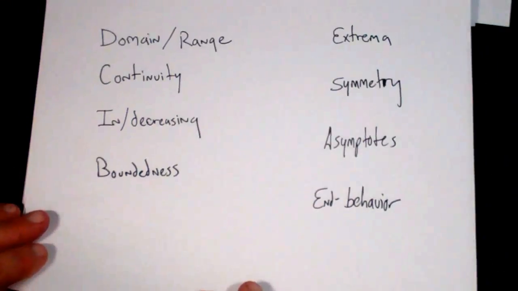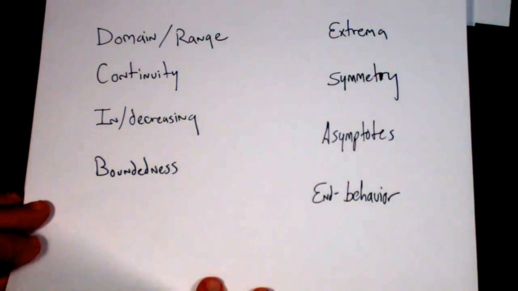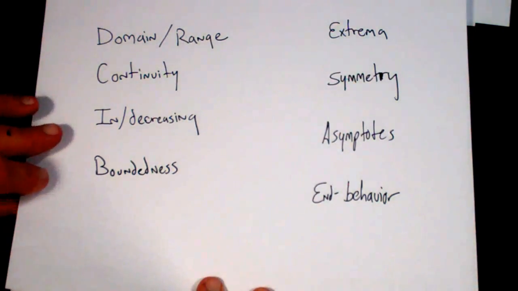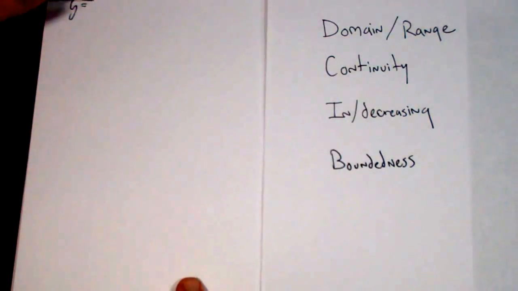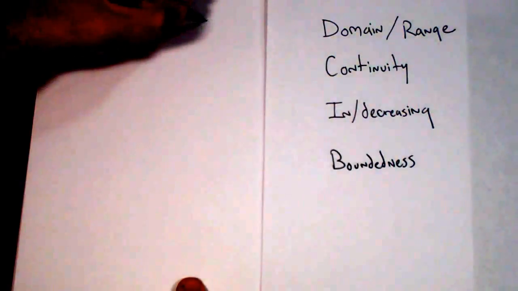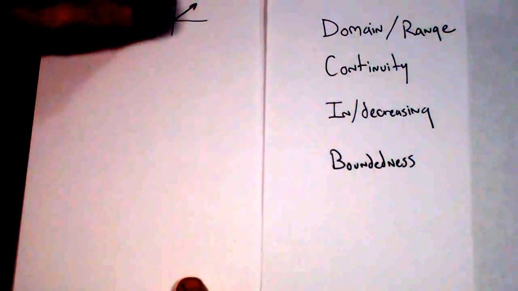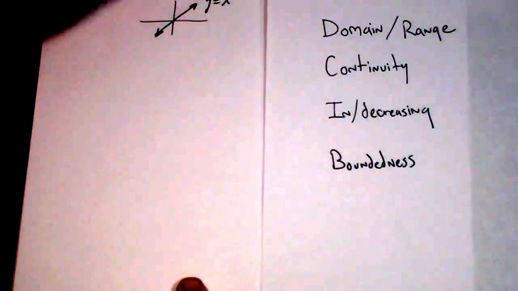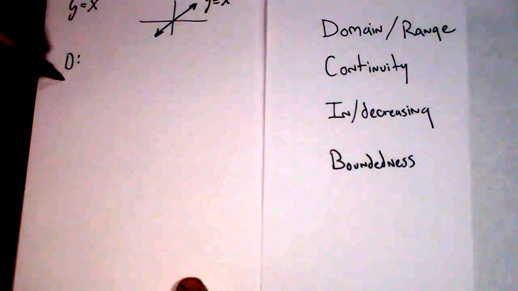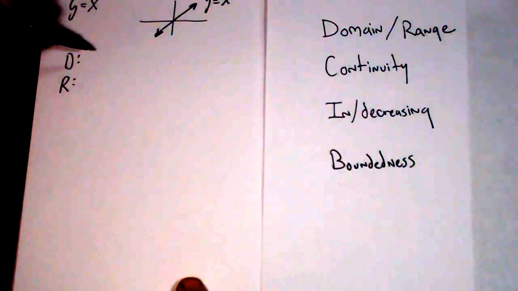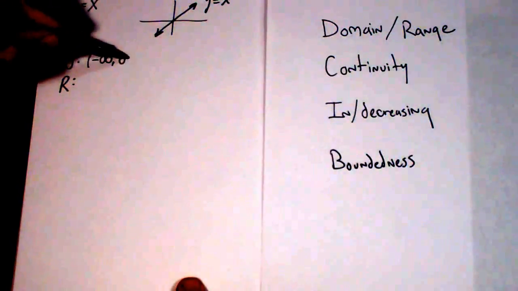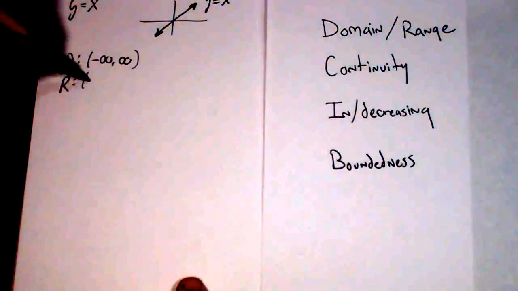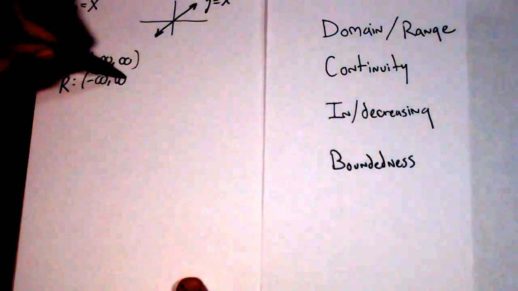So let's go through the 8 properties one by one. Here are the 8 properties, and let's go through the first 4. Your y equals x looks like that. Domain and range are easy. Domain is all real numbers, and range is all real numbers. In interval notation, it's minus infinity to infinity for both.